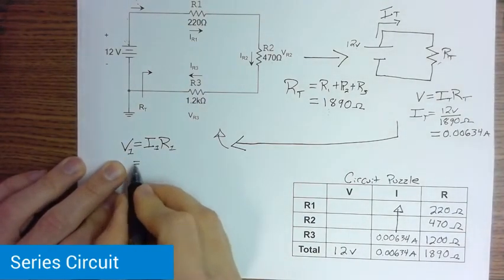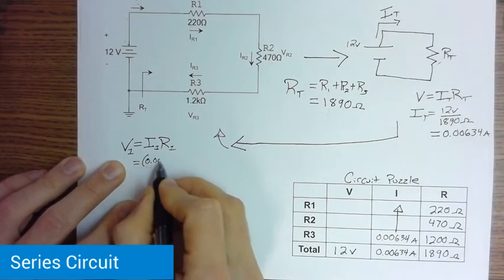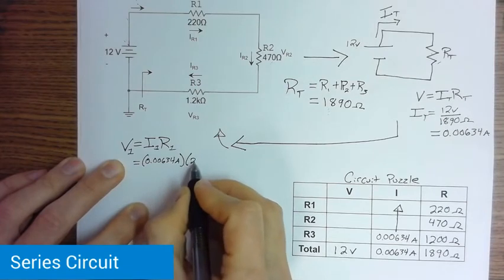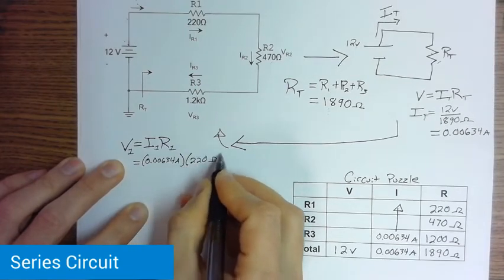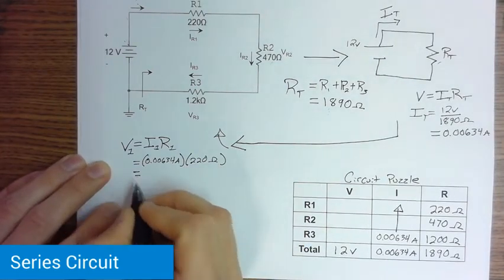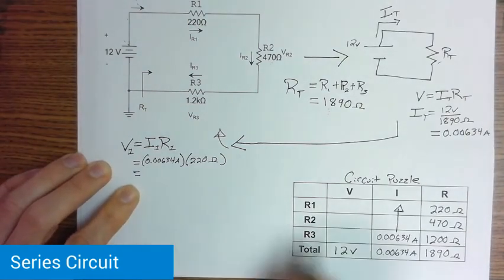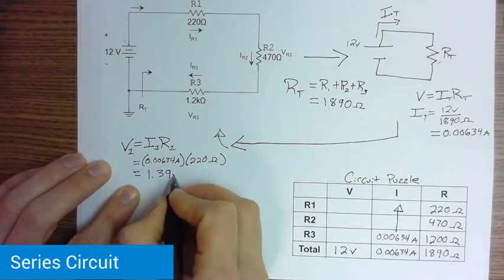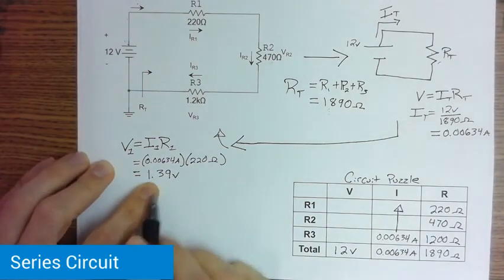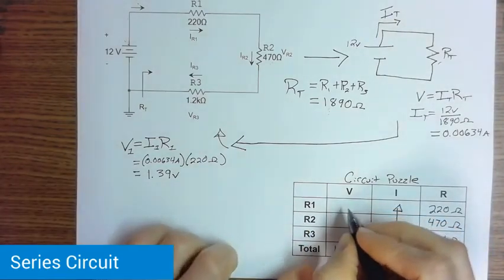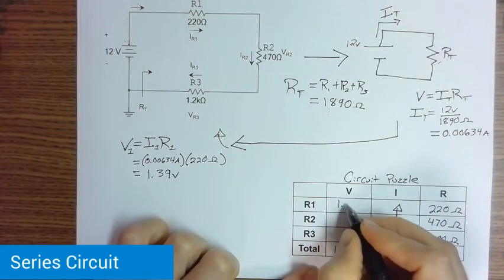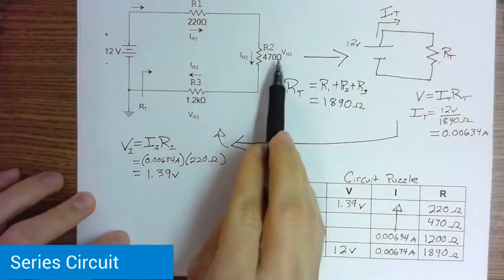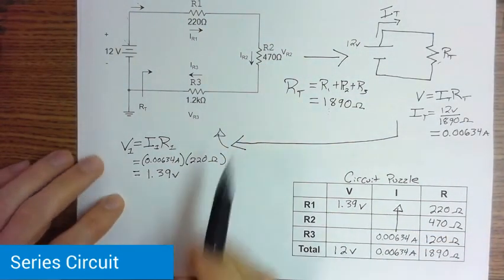So plugging that in, 0.00634 amps times 220 ohms. And for V1, we get 1.39 volts. Give it a couple decimals there. So that's for resistor 1. We can go ahead and put that in our circuit puzzle. 1.39 volts.